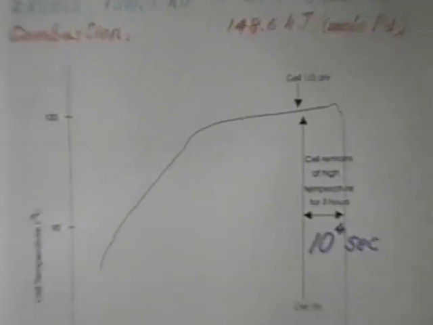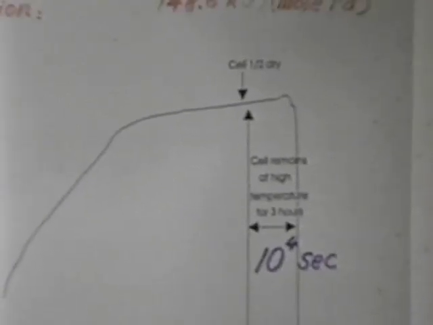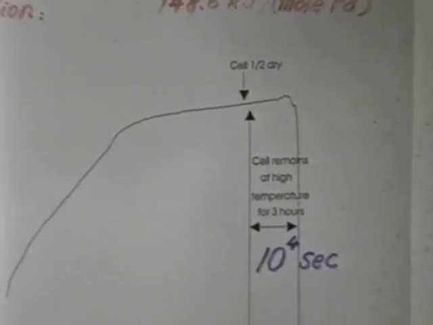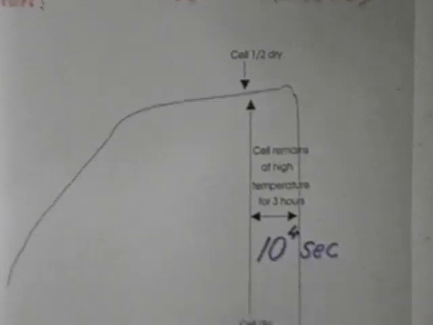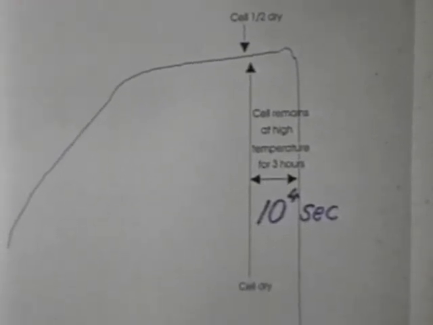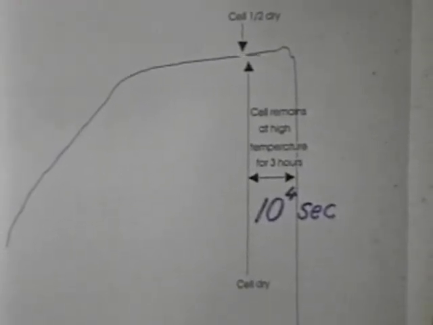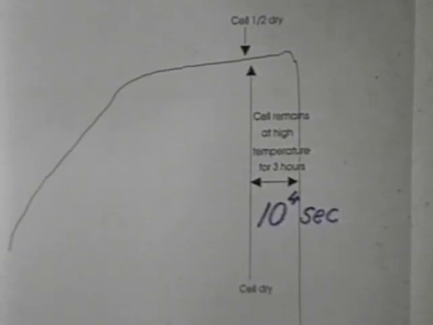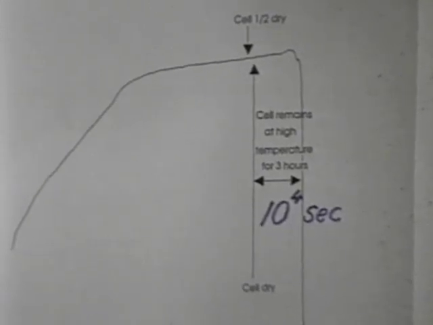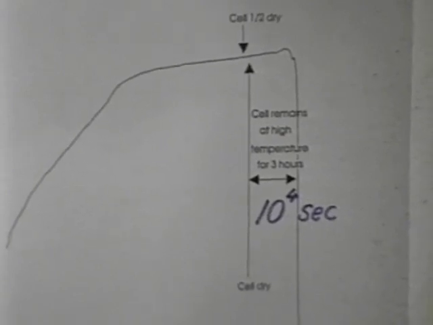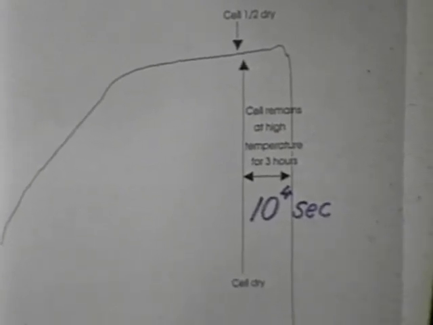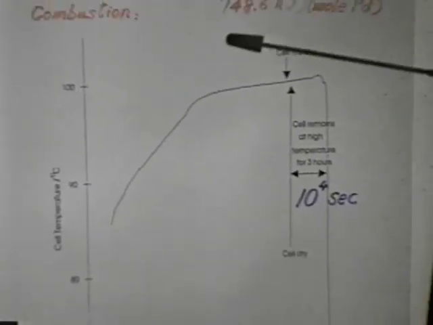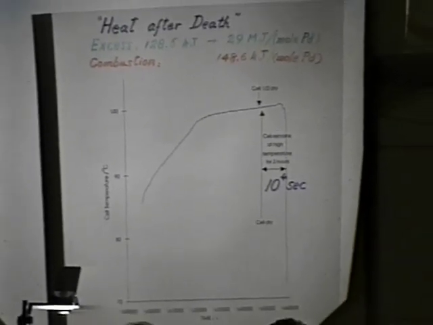Then we should ask, what is this state? The energy released in this period is about 29 megajoule per mole palladium. If all the deuterium stored in this palladium burns, the energy of combustion is about 148 kilojoule per mole palladium.